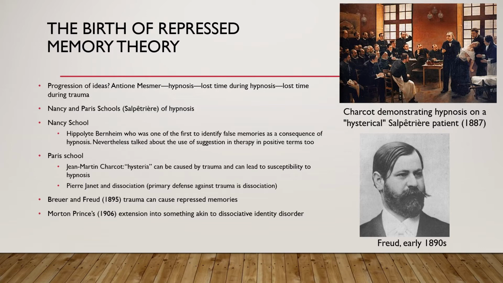So from his case studies, he would develop these ideas of multiple personalities, and his patients would report having multiple personalities. So it's not the most ideal way to gather information, but nevertheless, he is still cited today by psychologists who believe in dissociative identity disorder. So it's a source still used today.